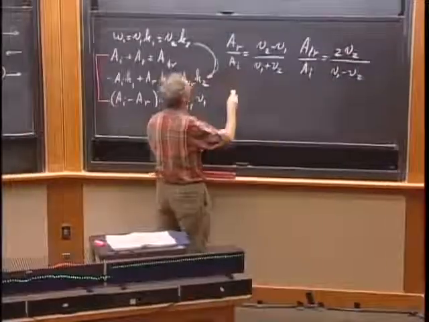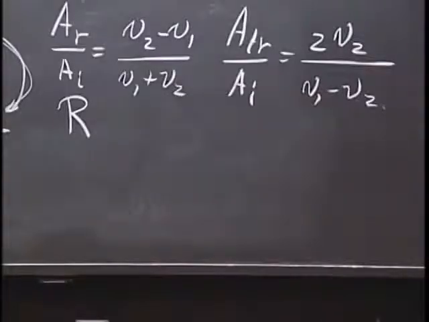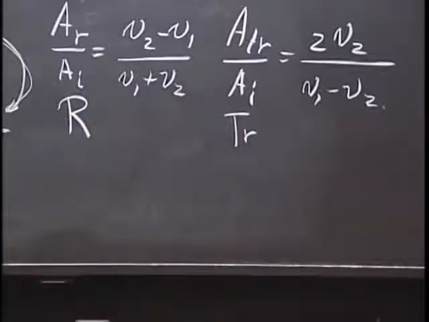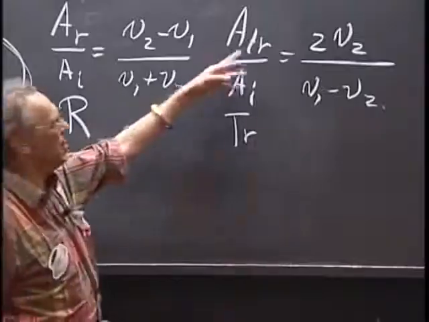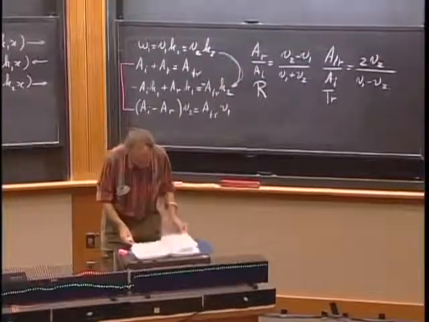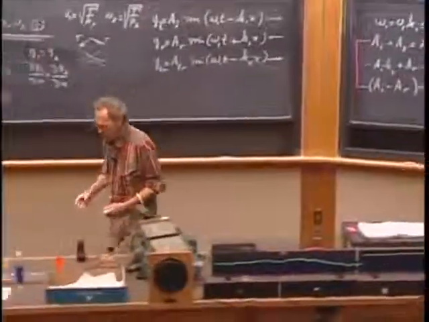Sometimes I call this, with shorthand notation, R, reflectivity, the ratio of amplitudes, and sometimes I call this shorthand notation T, transmittivity, the ratio of the amplitude that penetrates the second medium divided by the one that came in. So that is just my shorthand notation.